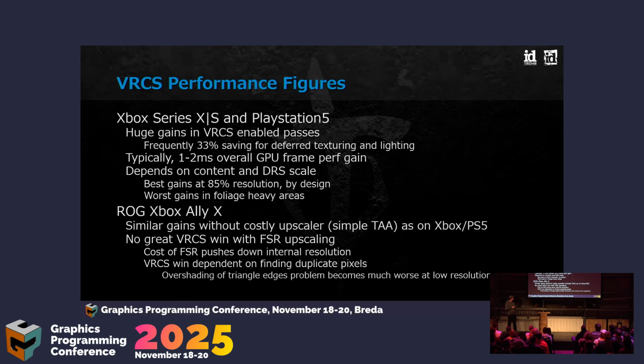On the ROG Xbox Ally X, we were seeing similar gains with the TAA simple setup that we had on console. Unfortunately, if you were running FSR, the cost of FSR on that machine is so high, it pushes down the internal resolution, and then variable rate compute shaders are struggling to find duplicate pixels. We have small triangle problems, so the win was not nearly so good in that case.